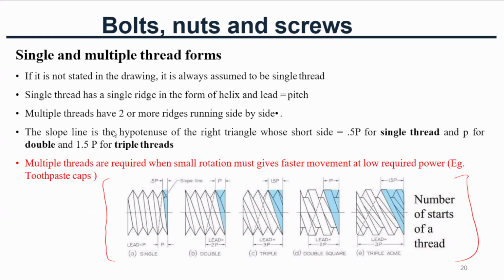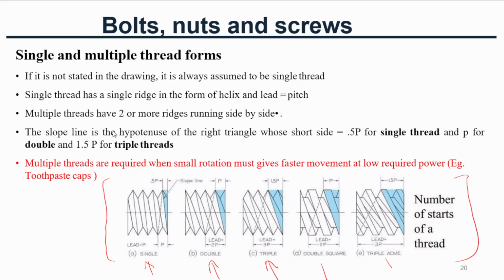Here you can see single thread, double thread form, triple thread form, double square thread form, triple ACME. Likewise, we can see different types of threads according to the form.